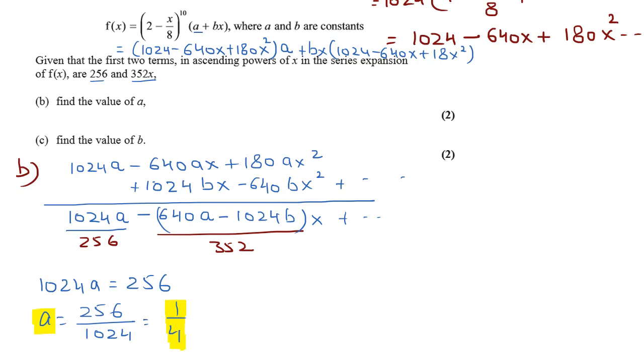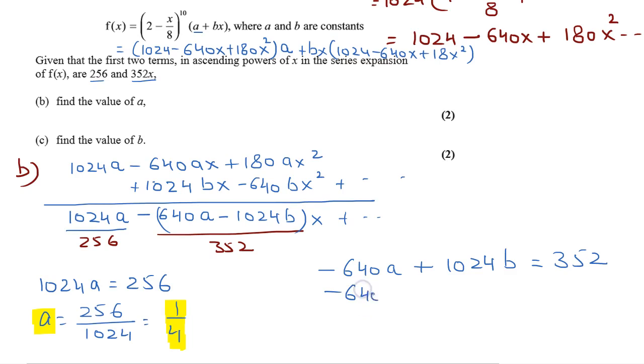Now for part B, minus 640a plus 1024b is equal to 352. You have to be careful about these two signs.